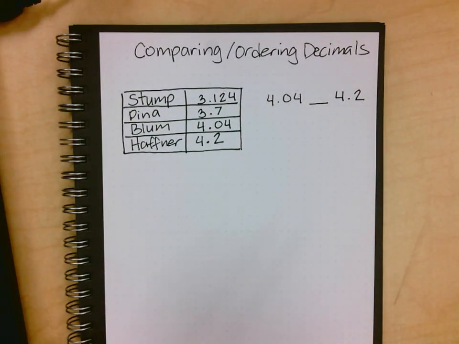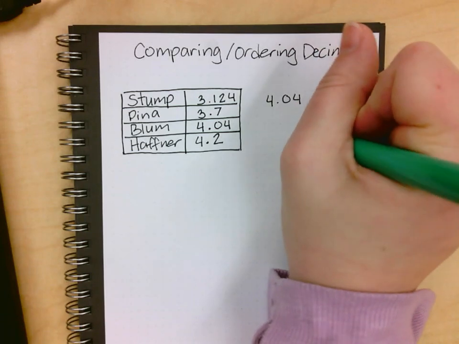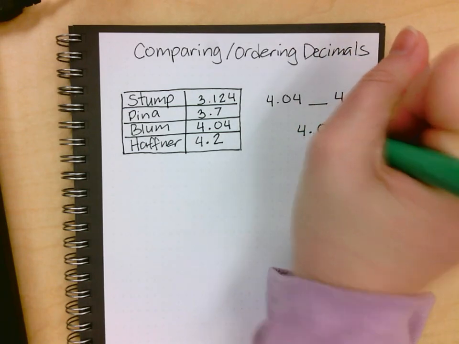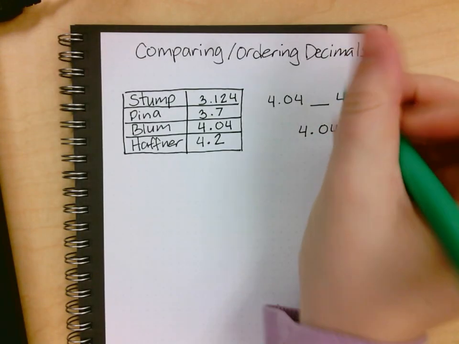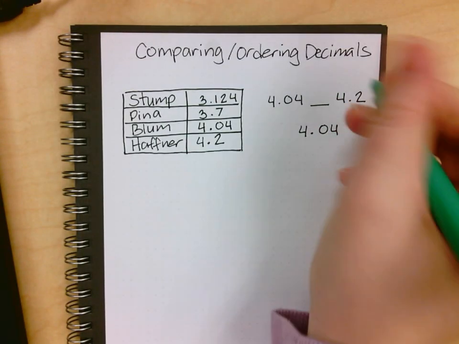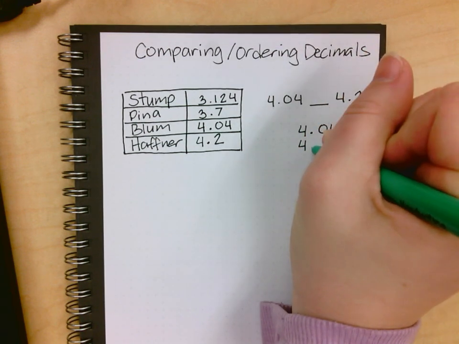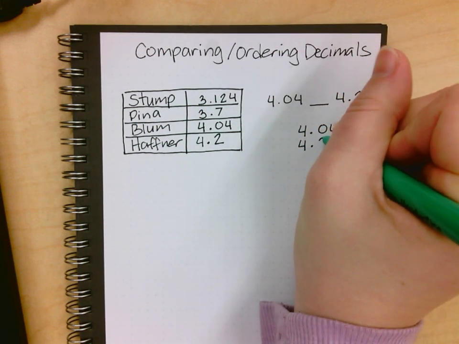To do this, I find it helpful to stack our numbers so that we can compare directly the same place values to each other. So in that case, it is very important to make sure that you line up your decimal points. So I have 4 and 4/100ths, and now I'm going to have 4 and 2/10ths.